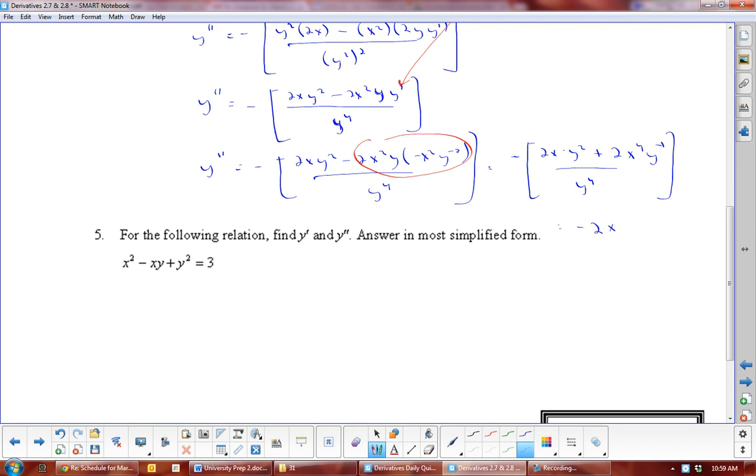What y should we take out? y to the negative 1, leaving me with, what's y to the 2 minus the negative 1, is y to the 3, and then plus x cubed all over y to the 4.